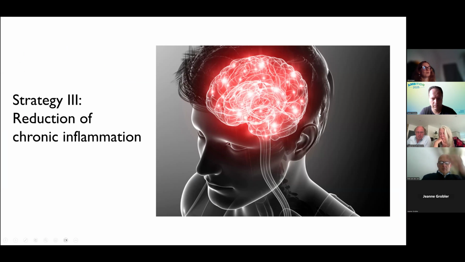The third nutritional strategy is also to reduce this inflammation that we know is also present in both Alzheimer's disease and Parkinson's disease.